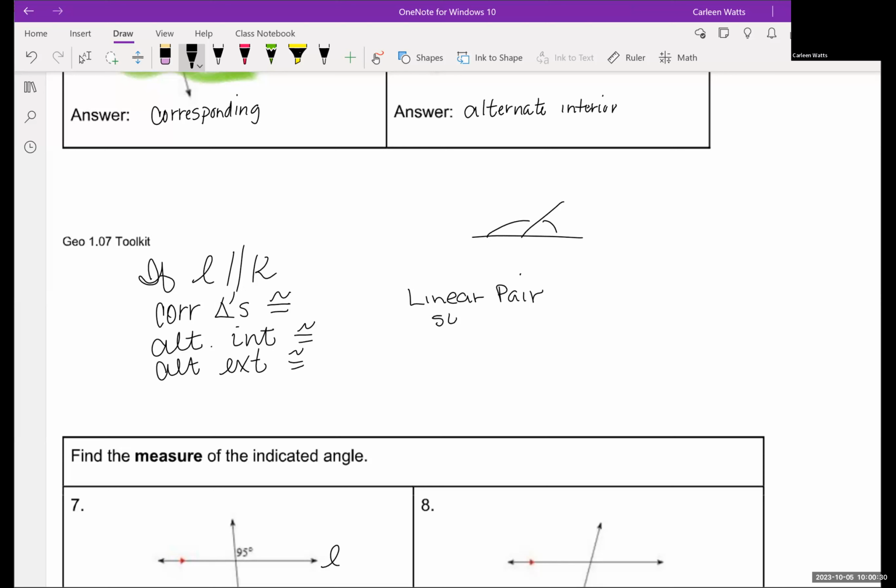Their sum is 180. Yeah, they add up to 180. We call that supplementary.